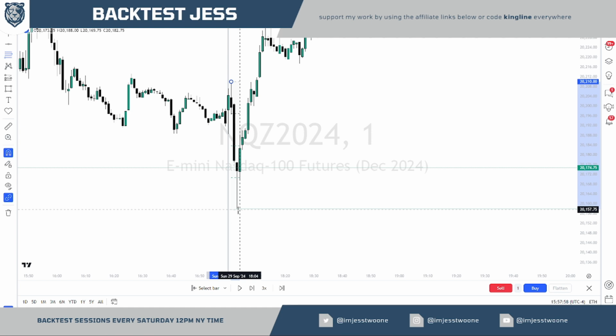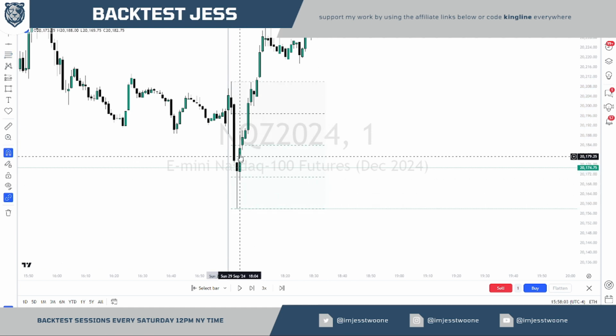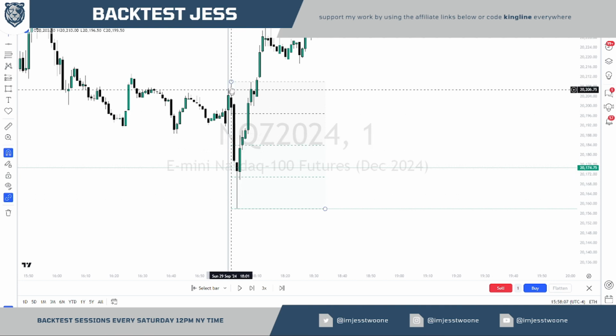So when I started printing the candles and we got there, as soon as this candle printed, it retraced into premium, and I was like, okay, we already have this as being efficient.